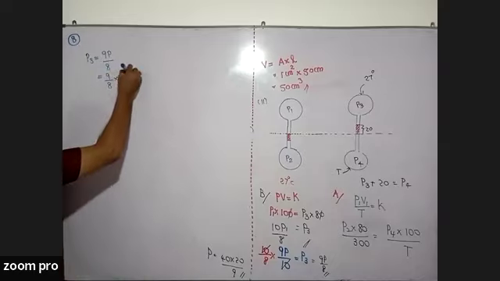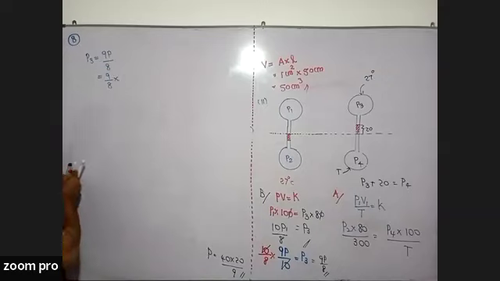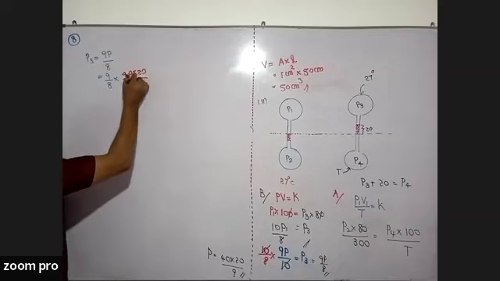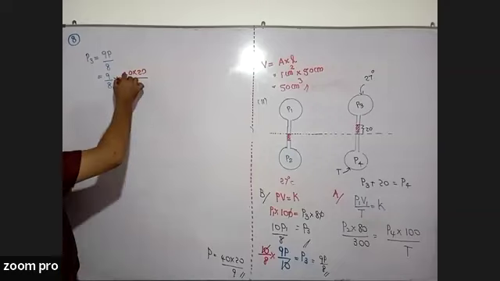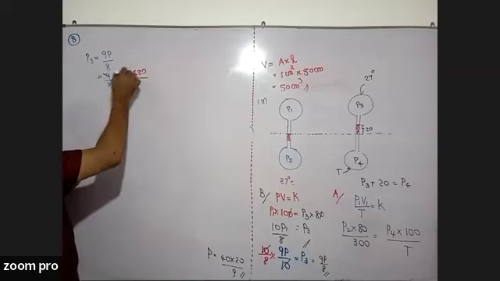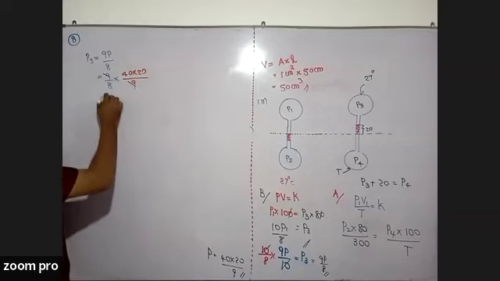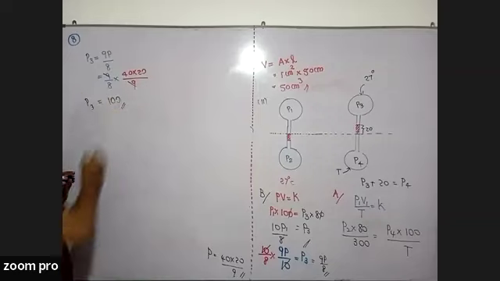That means these two are cancelled, and the P3 should be equal to 100, right?